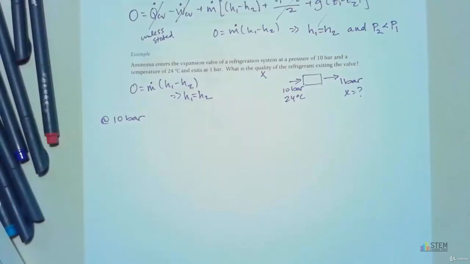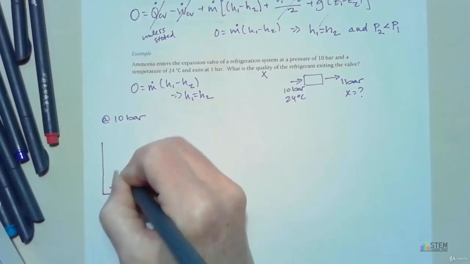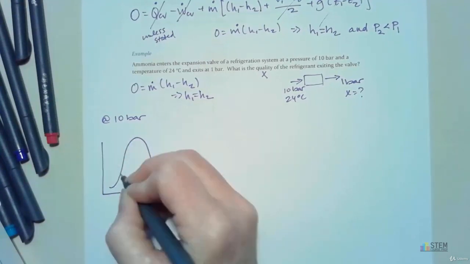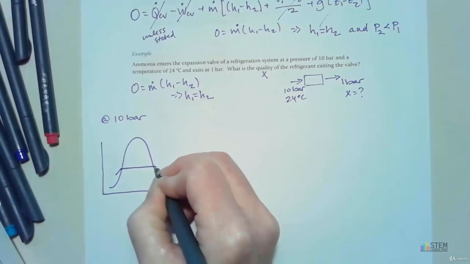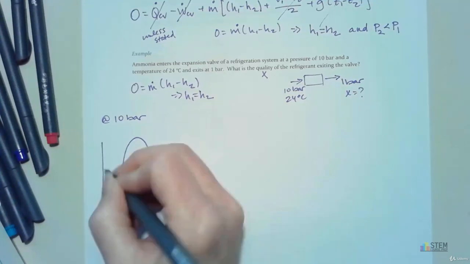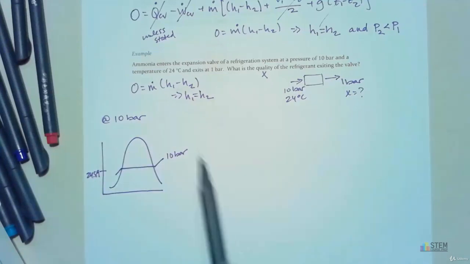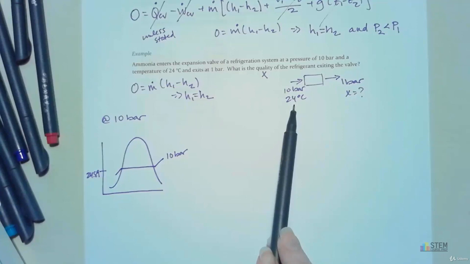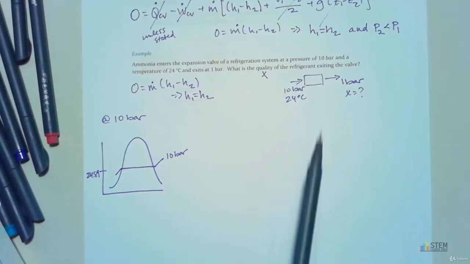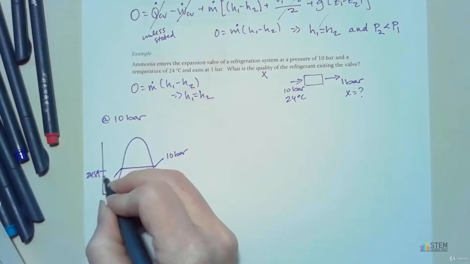I'm going to go ahead and draw this on here because I want to show you what happens as we go through here. So this is our 10 bar line. This temperature here is 24.89. Our temperature, it says, is just 24. Now, that's pretty close. So 24 is really right underneath here.